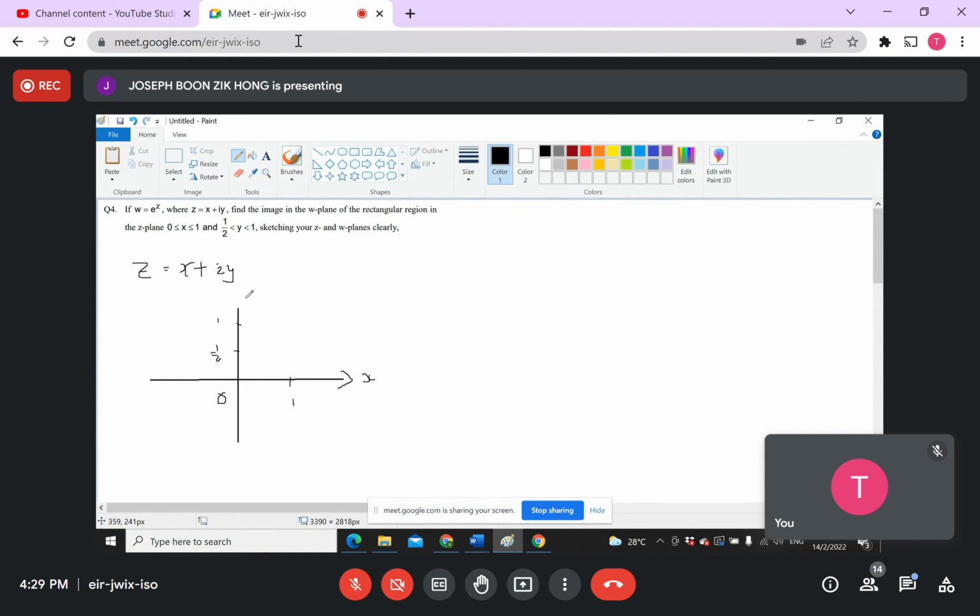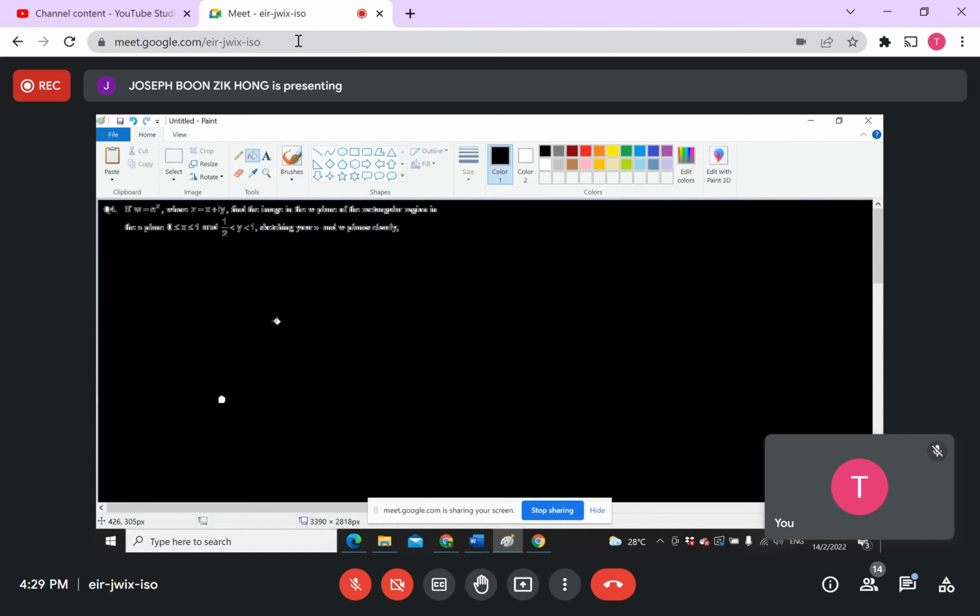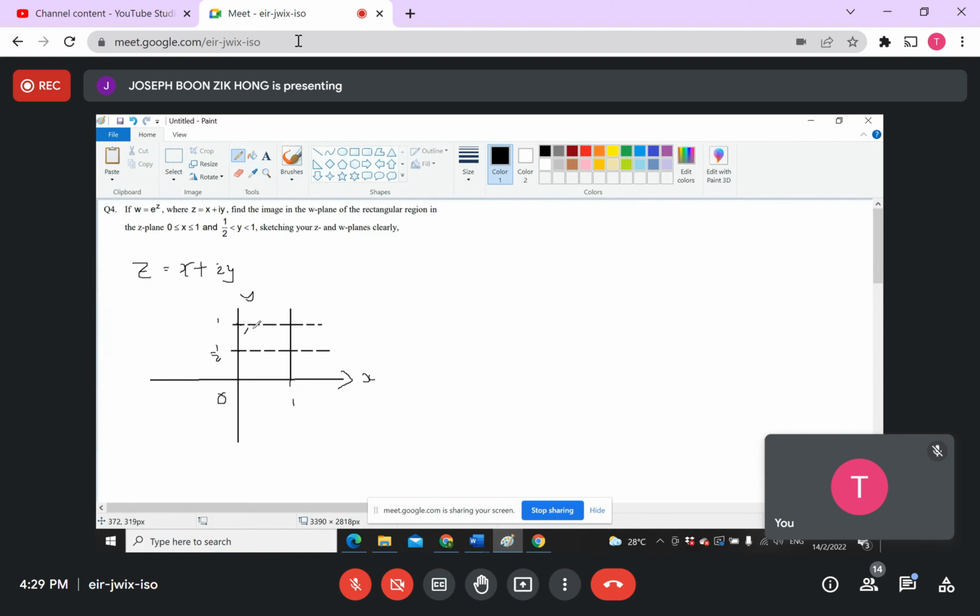So this one will be your x and y. Hence this one will be your z plane.